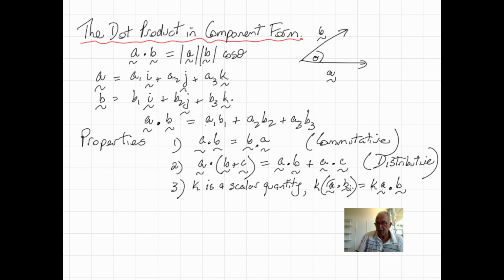It doesn't really matter, you can do the dot product first and then multiply your answer by K at the end and get the same answer.